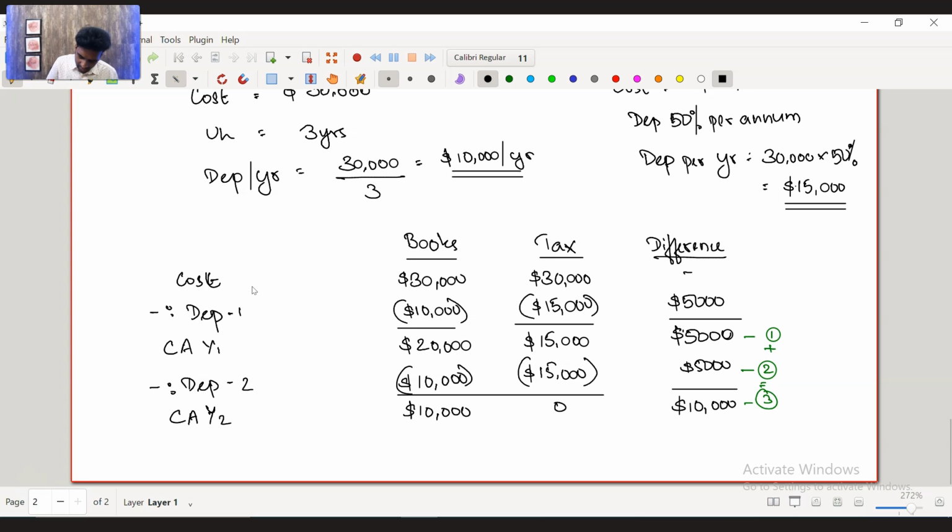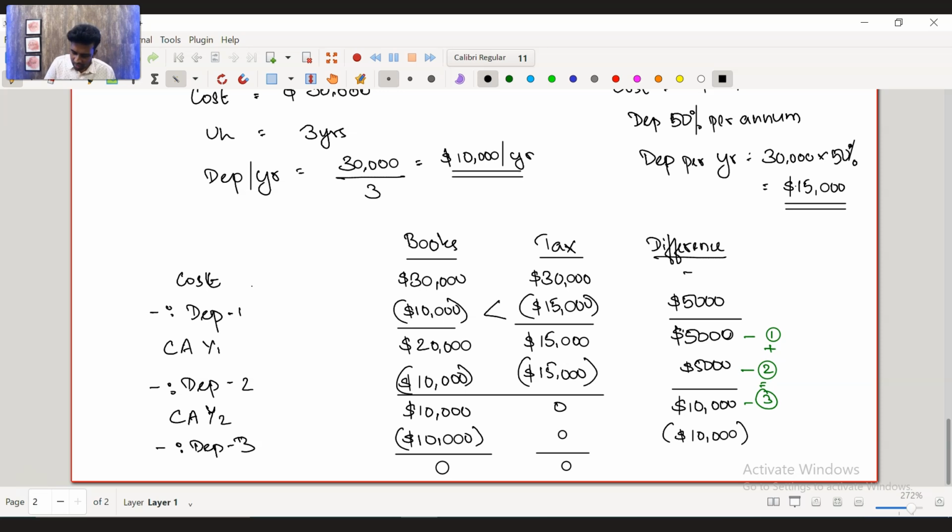Now in year 3, what happened? You have a depreciation of 10,000 as per books, and there's no depreciation as per tax because the carrying amount is 0. If you look at here, the difference goes in a negative way. Till now the difference was positive because tax was greater than books, so 15,000 minus 10,000 is 5,000.